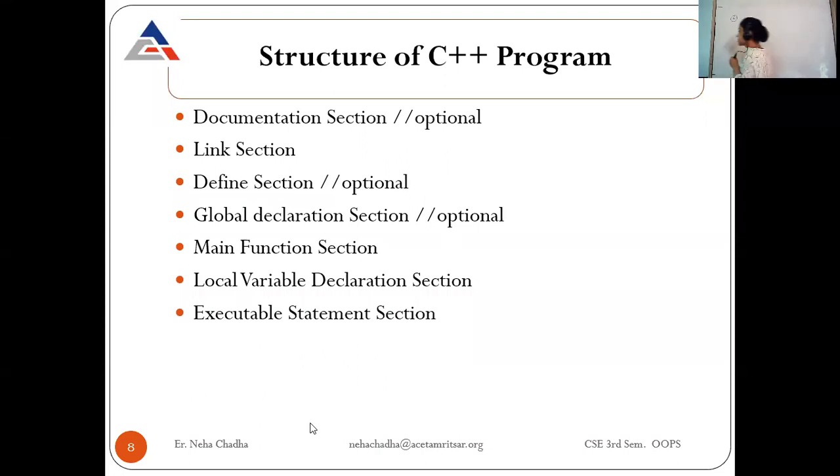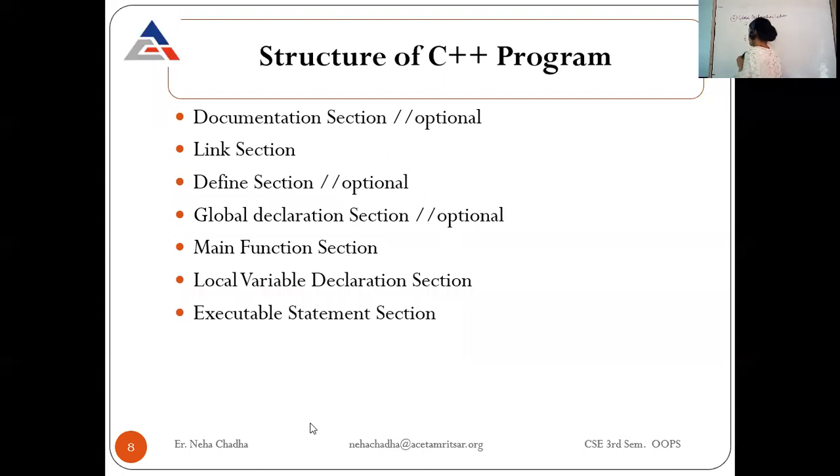In the global declaration section, you will make any variable global by defining it along with the header files. Let's say you have defined your header files here and you are going to make a variable global. That means you want to use that variable throughout your program, not just within the scope of one part of the program.